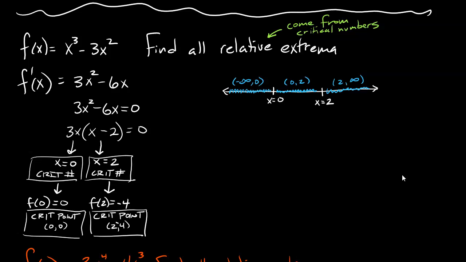Perfect. So if I find the slope at any random spot, that'll tell me if the slope is positive, which would be increasing, or negative or decreasing. So this is called the first derivative test.